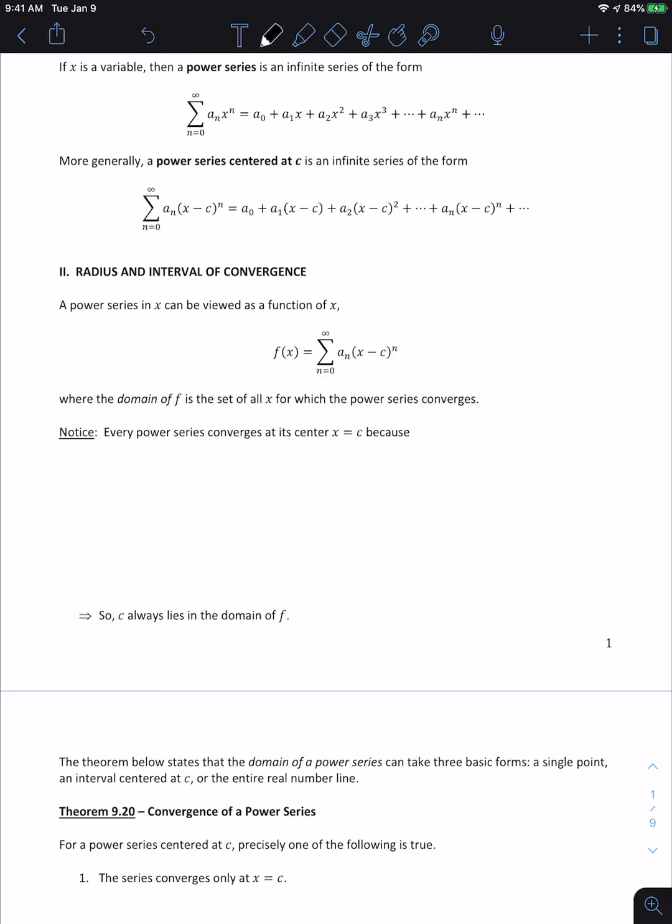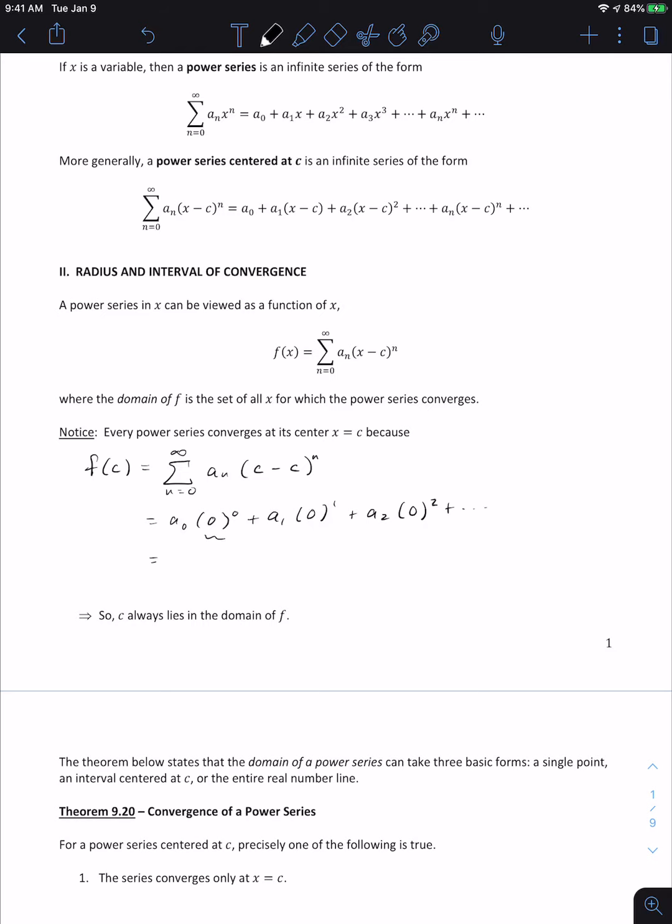Every power series converges at its center. Why? Because if its center is x equals c, then f of c is equal to the series from n equals 0 of a sub n times c minus c to the nth power. That looks like a sub 0 times 0 to the 0 power, plus a sub 1 times 0 to the first power, plus a sub 2 times 0 to the second power, and so on.